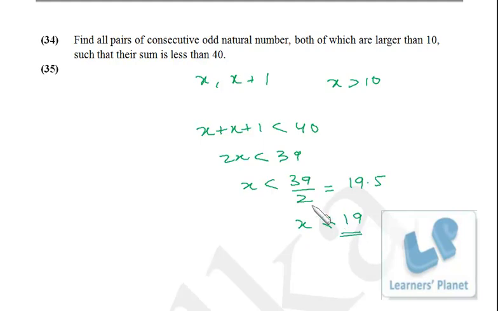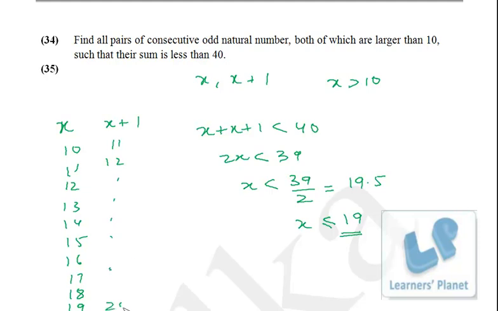So we'll be having x and x plus 1. So x is 10, 11, 12, 13, 14, 15, 16, 17, 18 and 19. So x plus 1 will be 11, 12 till here.